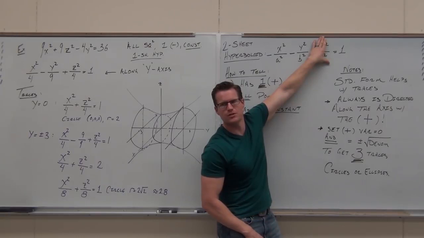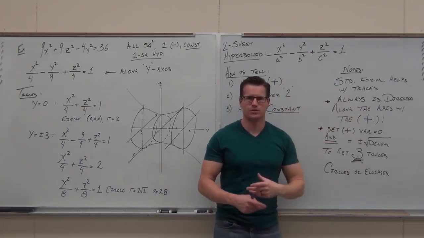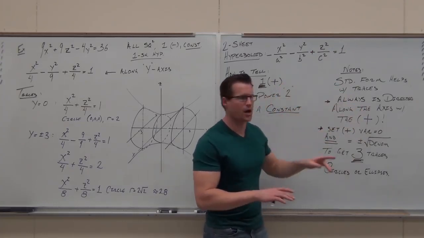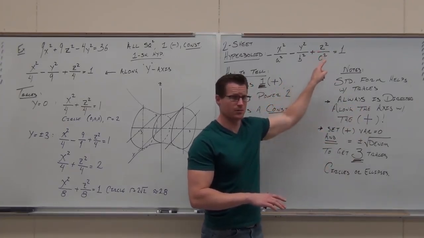Just consider it for a second. I get a negative minus a positive. Can that ever equal positive 1? Doesn't even exist. That doesn't even happen. You can't even do that. So setting the positive variable equal to 0 does nothing. Do not set this equal to 0.